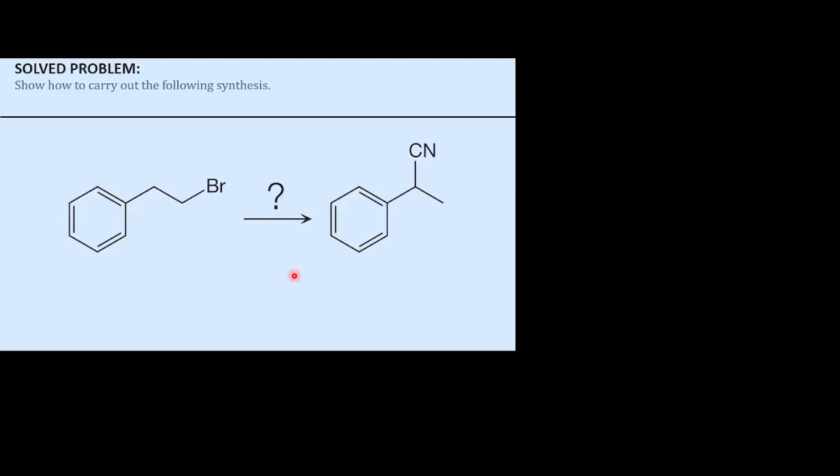That we're doing an undo. You start with the cyanide. And then what we're going to do is we're going to undo a variety of reactions, which will get us back to that bromide, right?